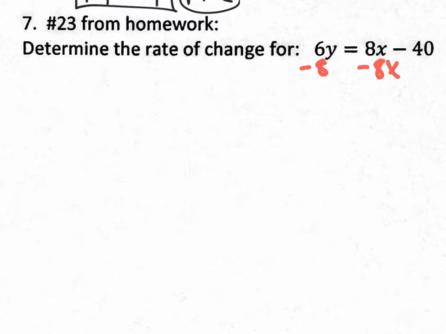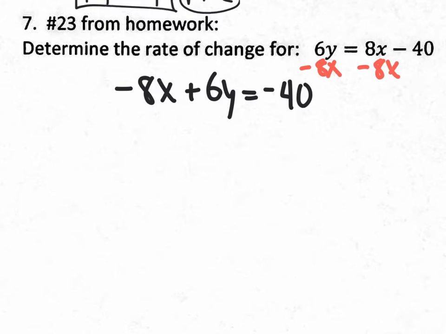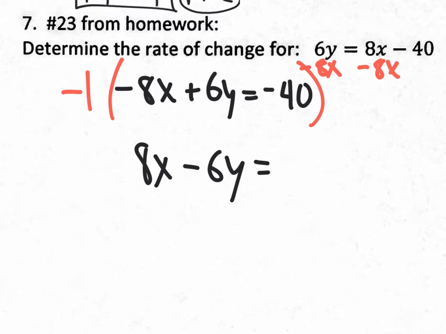Subtract 8x, rewrite that guy as negative 8x plus 6y equals negative 40. And then they would like you to change the sign of the a value by multiplying everything by negative 1. So if you were to multiply everything by negative 1, you'd get the new equation 8x minus 6y equals 40.